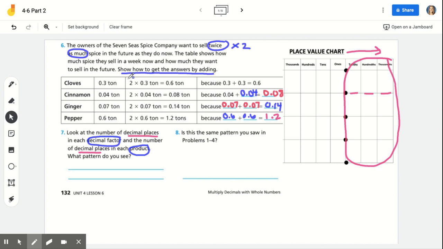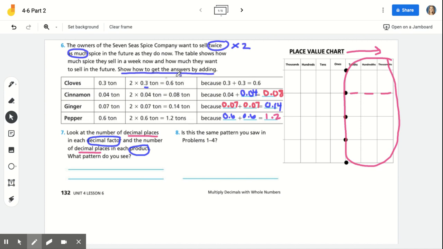So for cloves, we had 2 times 3/10. 3/10 is our decimal number. How many decimal places are there for the number 3/10? Let's underline it. There's just one. 3 is in the tenths spot. That's 1 decimal place for this one.